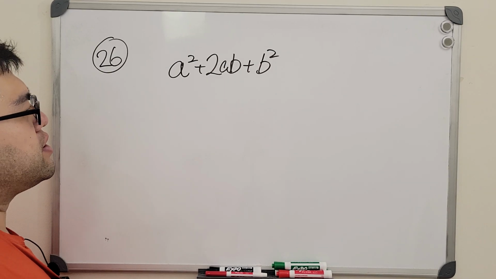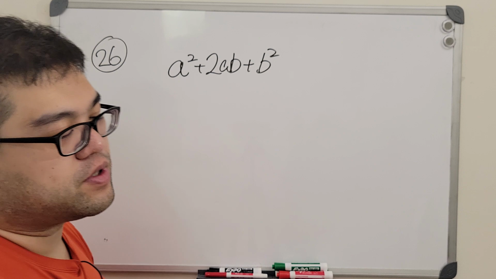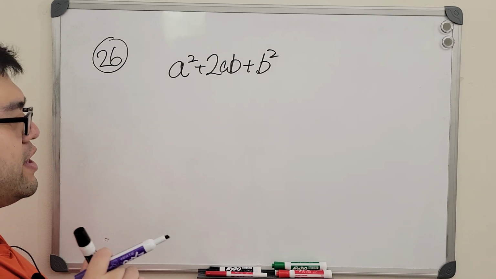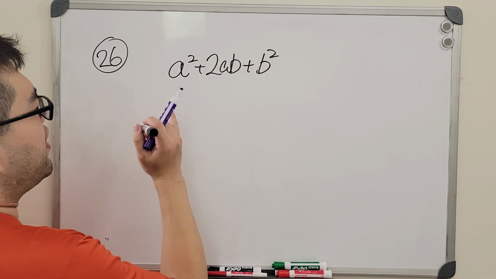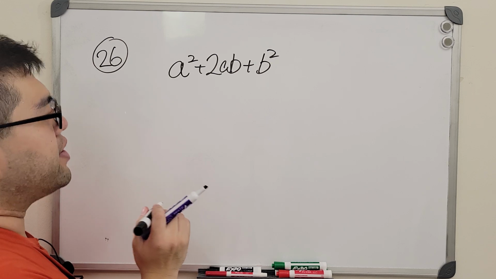But this trinomial is also something that students need to memorize in algebra class. In fact, we have a squared plus 2ab plus b squared.